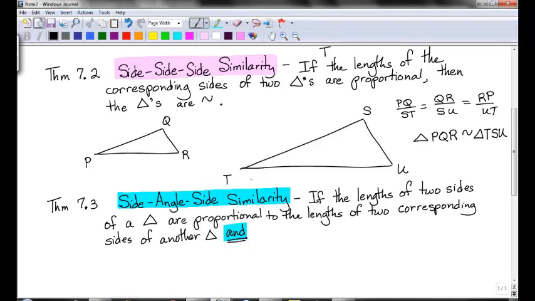Okay, and the included angle, because it's side, angle, side, and the included angles are congruent, so the included angles have to be the same. So if you're looking at the triangles, that's the first thing I would check. If that's not true, don't worry about the proportions.